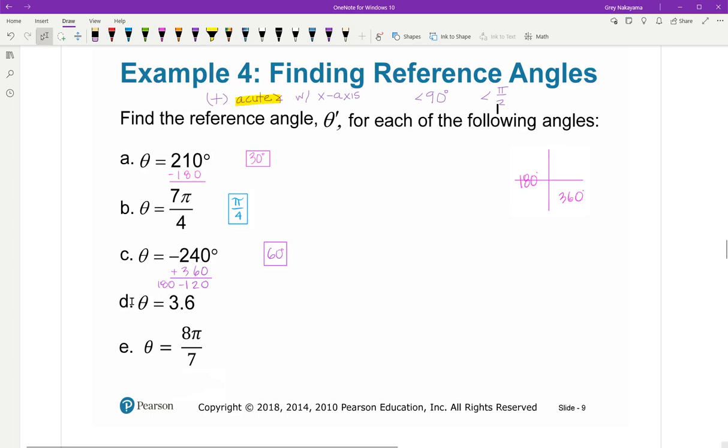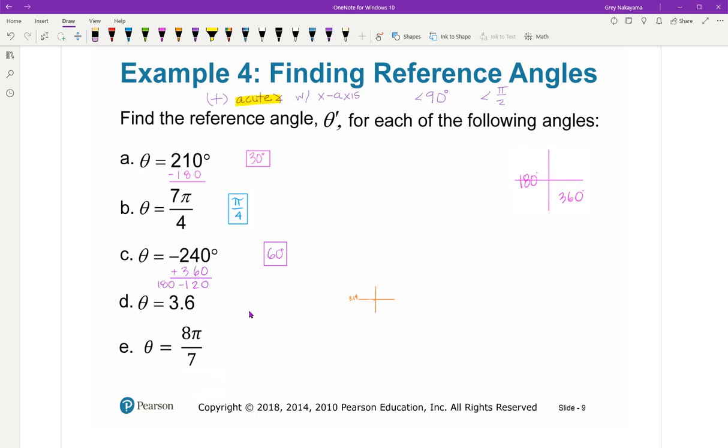D is 3.6. Where the heck is 3.6? So what you have to do is come up with a quadrant system, and I'm going to do it in terms of radians. I have 0 on the right, but all the way over is pi. As a decimal, pi is 3.14. And all the way around is 2 pi, which as a decimal is 6.28.